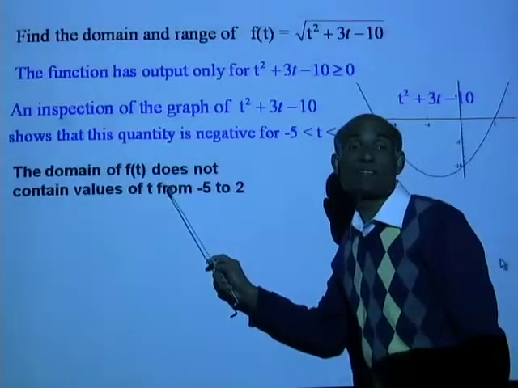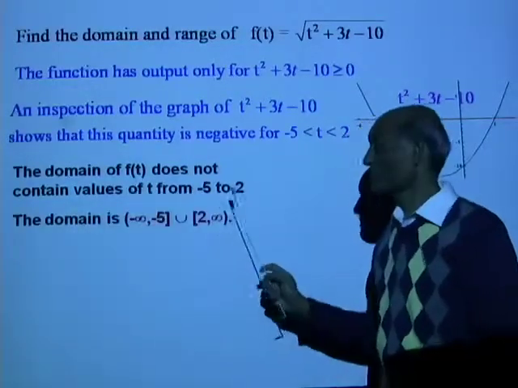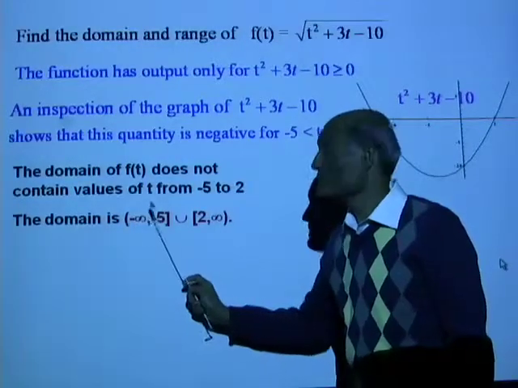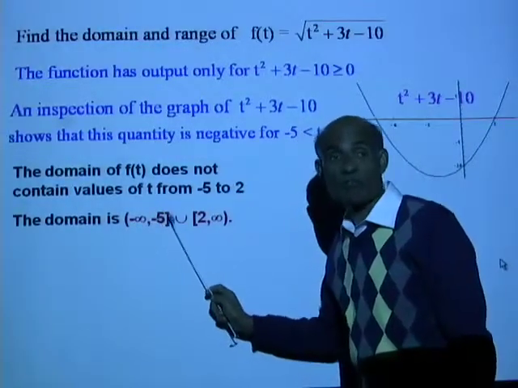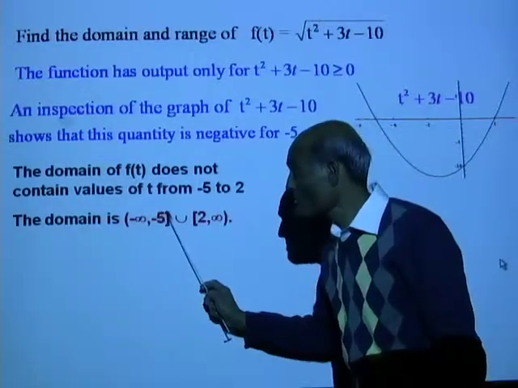So the domain does not contain values from -5 to 2, and look at the way we write it. The domain is -infinity to -5, union, 2 to infinity, and look at the brackets we have used here.